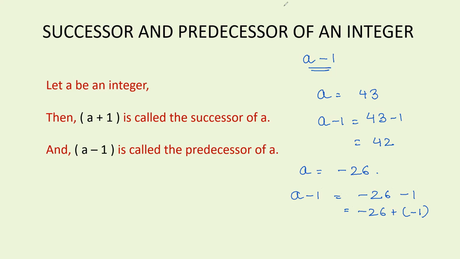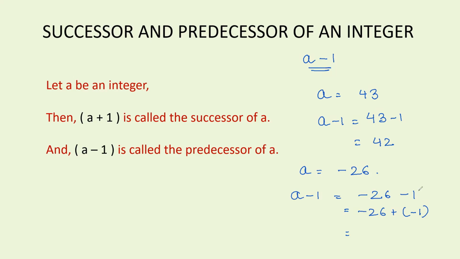The rule of adding two integers with the same sign, either both positive or both negative, is that we add both the integers regardless of their signs. The only thing is that the sum has the same sign as that of the greater integer. So over here we add both the integers, ignoring the signs.